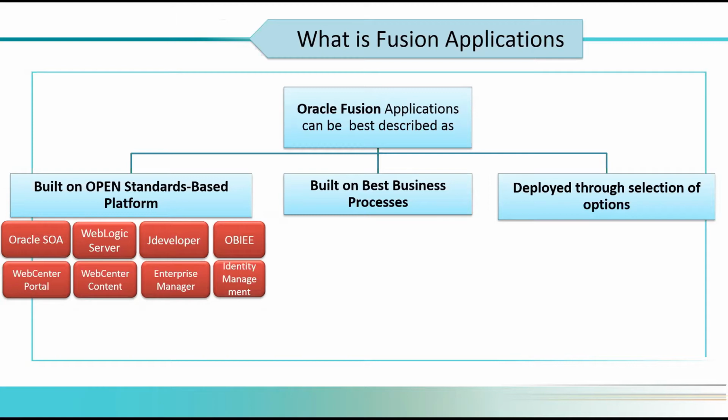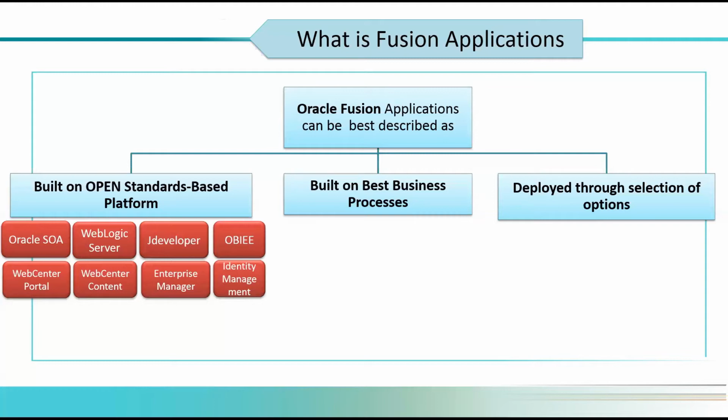And JDeveloper is a tool where you can create your Fusion application components framework. It can be a Java application, an Oracle SOA application, or a scheduler application. You can do many more things using JDeveloper. It's a free tool from Oracle.